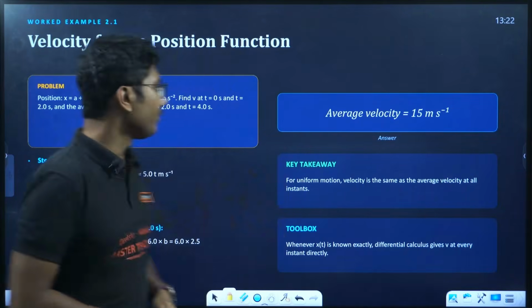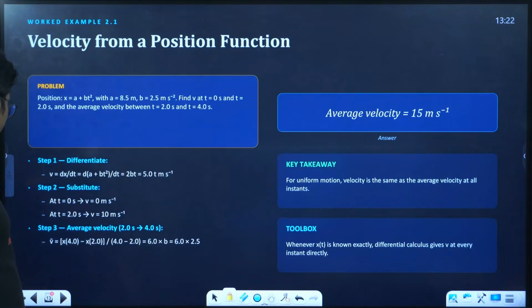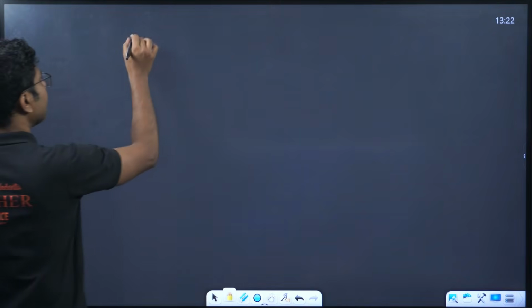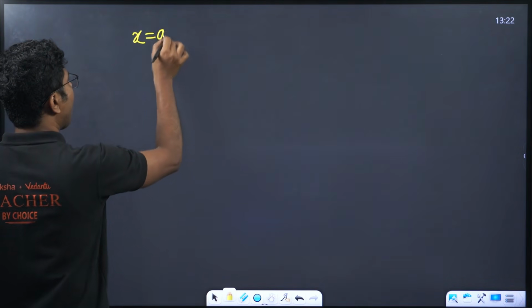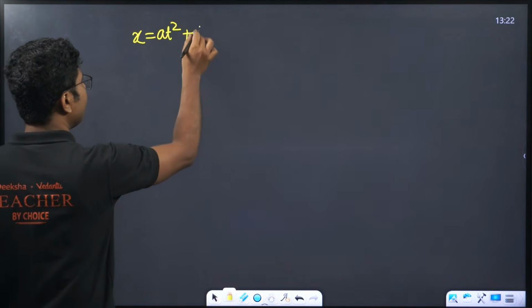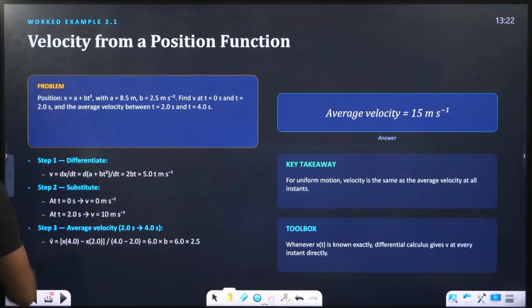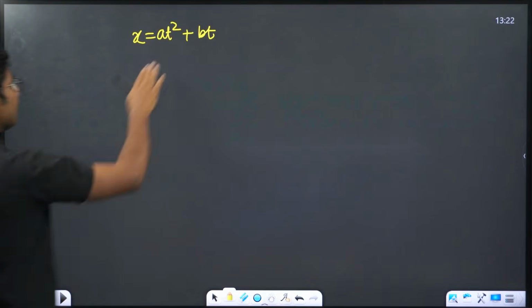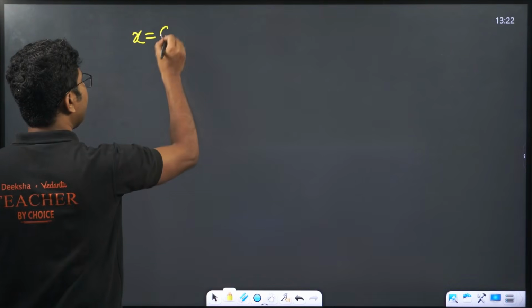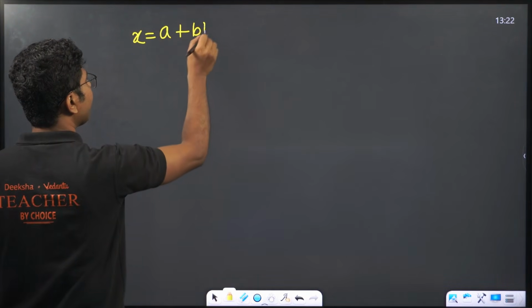Okay, so first, what is the equation? The equation given was x equals a plus b t square.